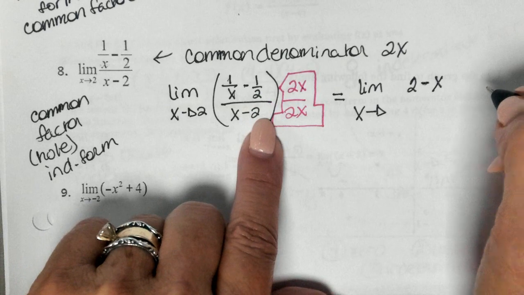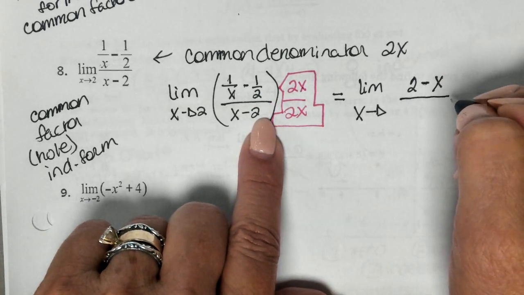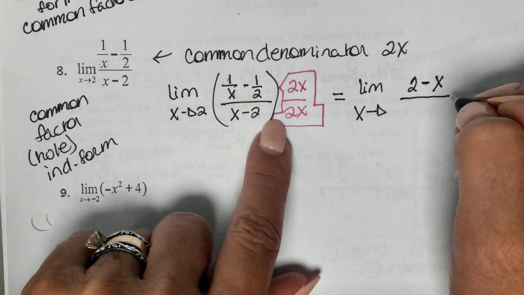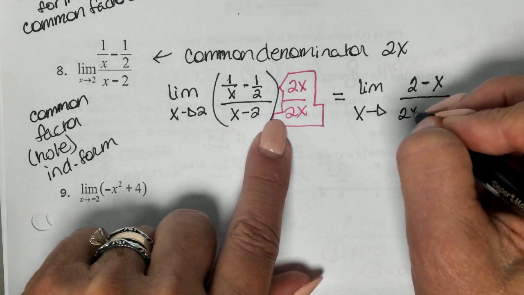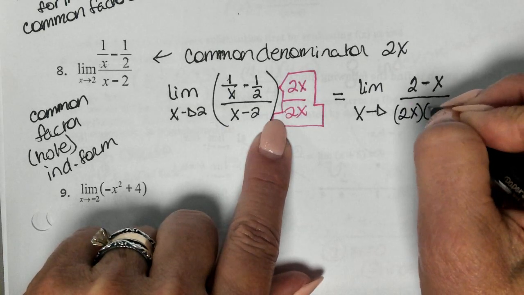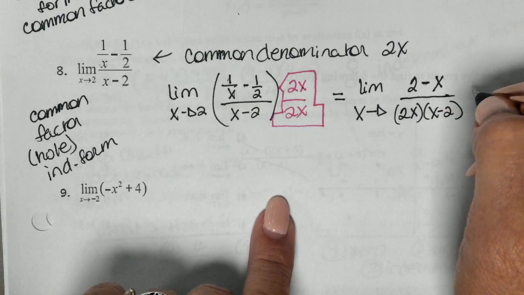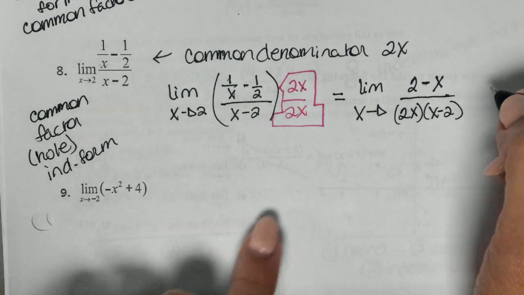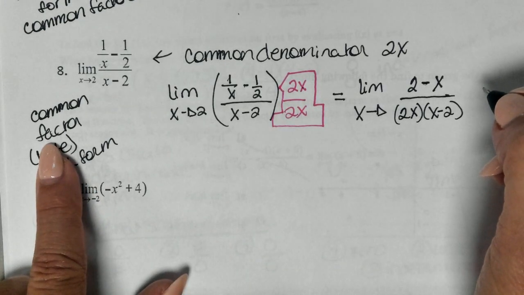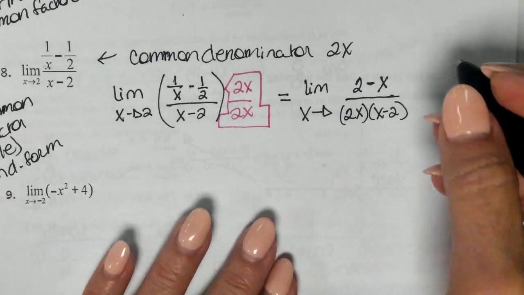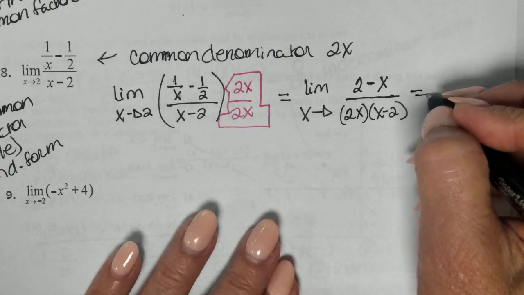So I'll have 2 minus x in my numerator, and in my denominator, I'm going to keep this in factored form and not distribute. The reason is because we know we have a common factor. If I multiply it all out, I won't actually see what my common factor is.